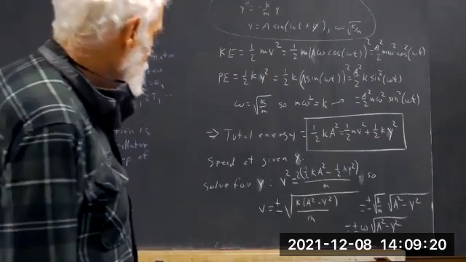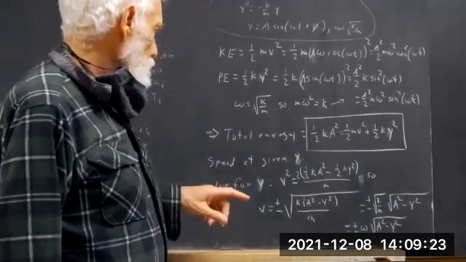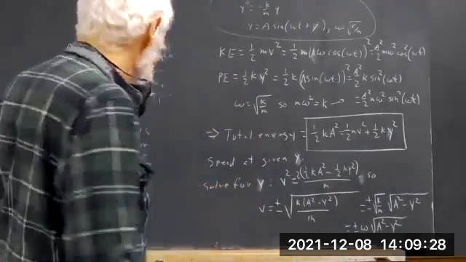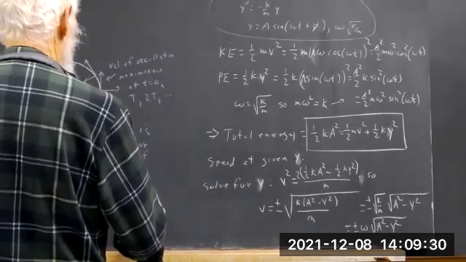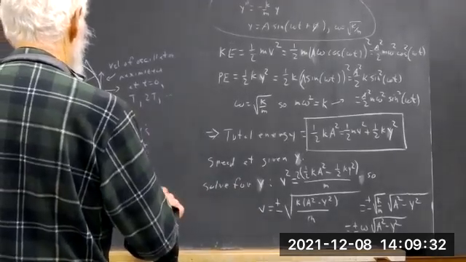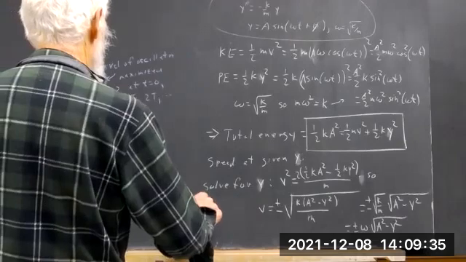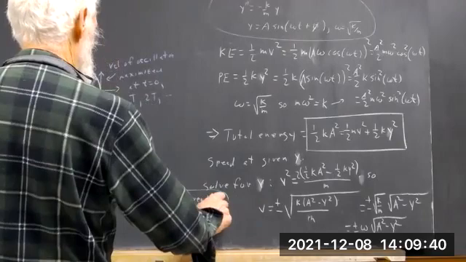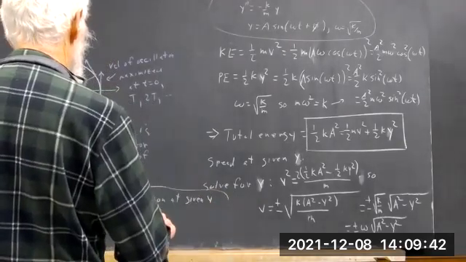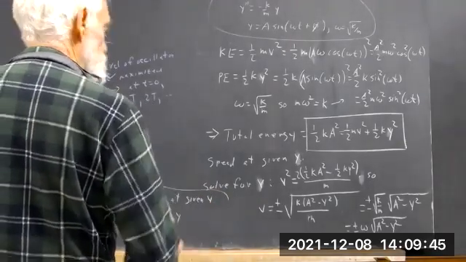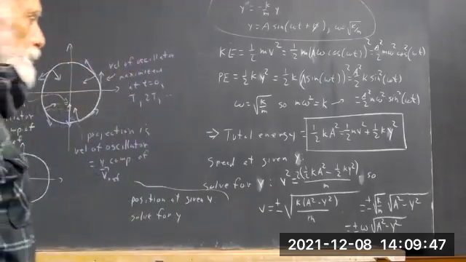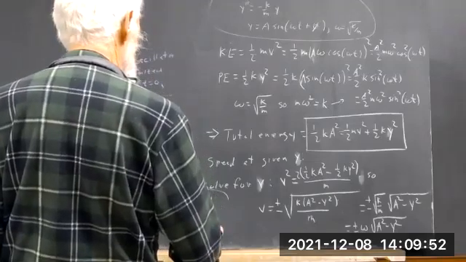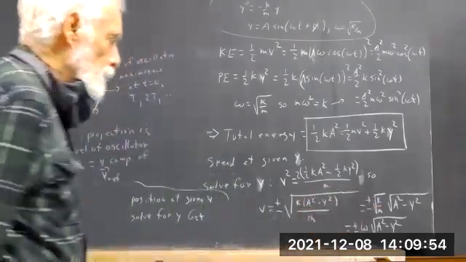And of course we could also find the position at which you have a given velocity, and solve for y. I never remember formulas.